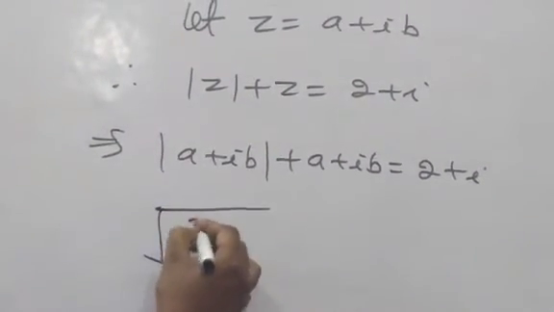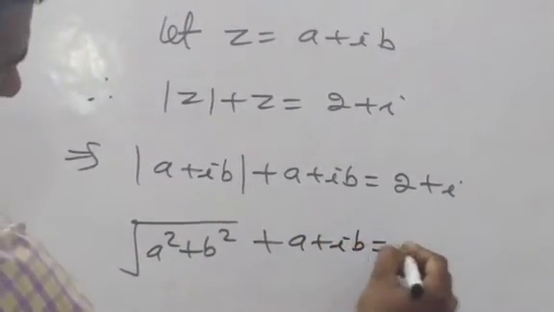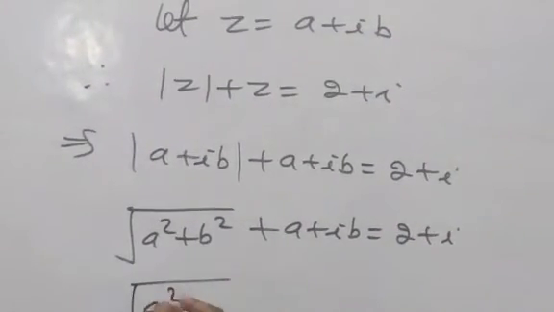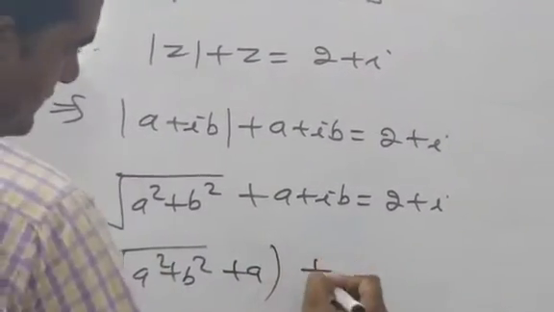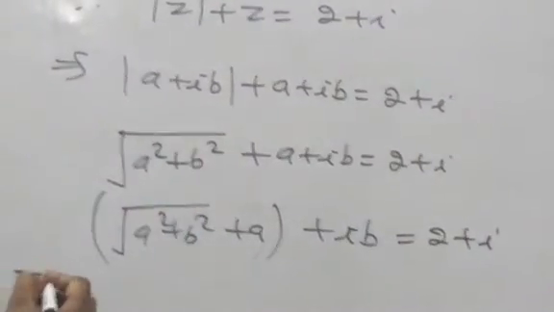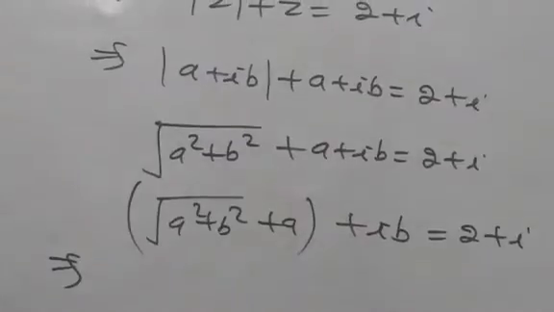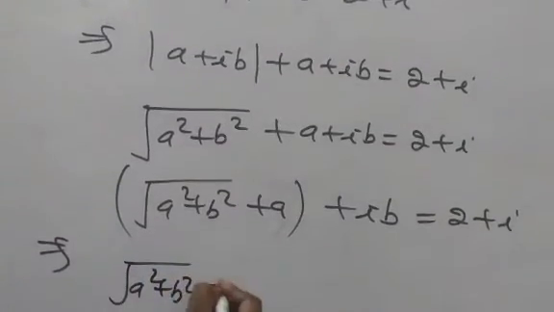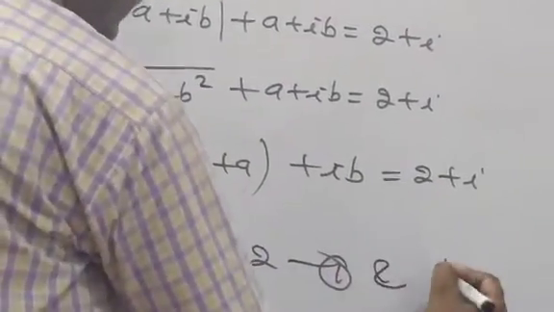Under root a square plus b square, plus a plus ib is equal to 2 plus i. Now comparing real to real and imaginary part to imaginary part. Understood? Then under root a square plus b square plus a is equal to 2, here equation number 1, and b is equal to 1.